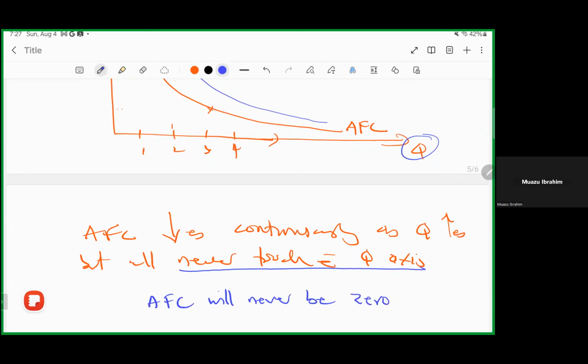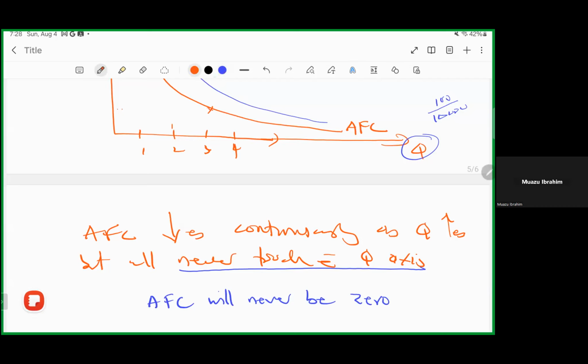Even if you have a fixed cost of 100 and you produce 1,000 outputs, that means 100 divided by 1,000, you will get a figure. If you produce 10 million output, you will still get a figure, maybe 0.000001, but it will never be zero.